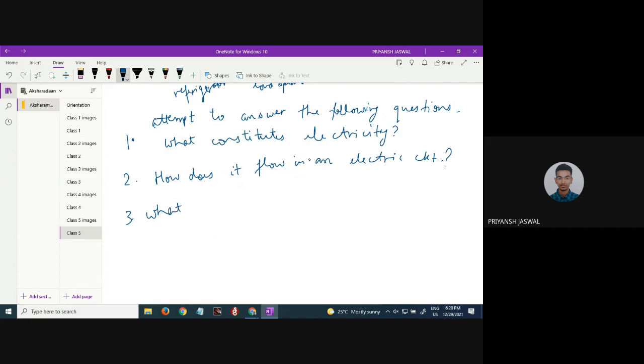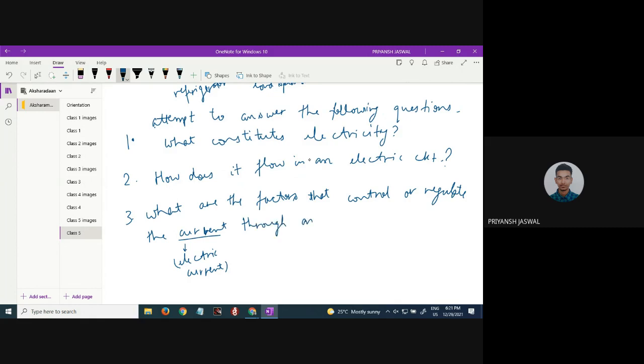Another question is that, what are the factors that control or regulate the current? And basically, it's the electric current, not any general current, through an electric circuit.